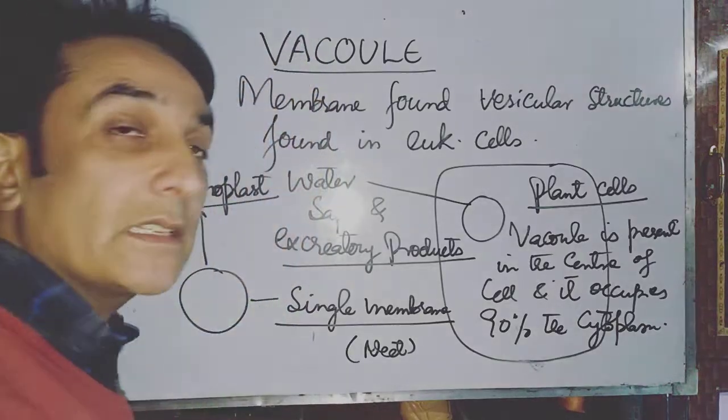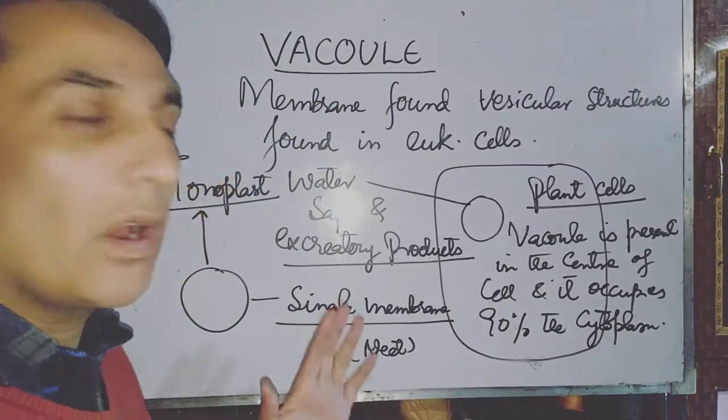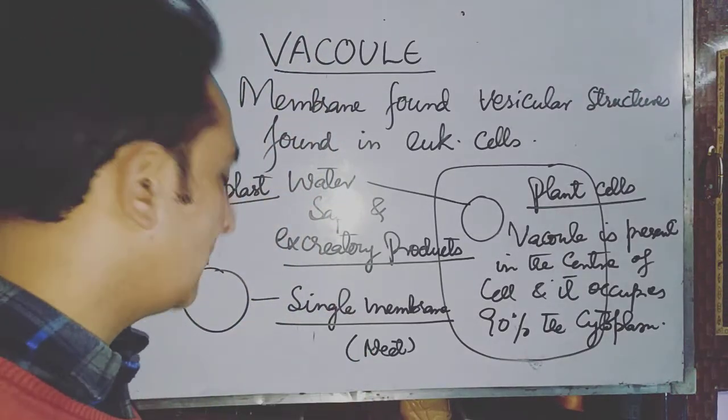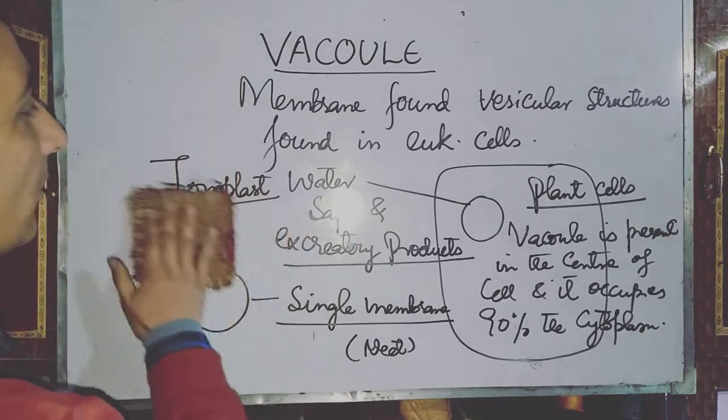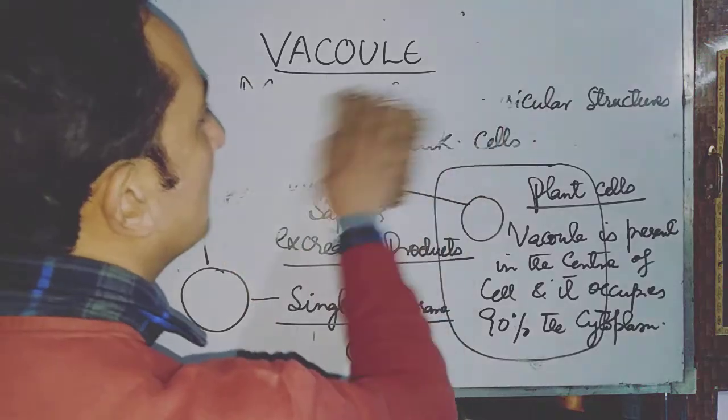So in plant cells there is a large central vacuole which occupies most of the area of the cytoplasm. Mostly it is said that it occupies 90% of the volume of the cell.